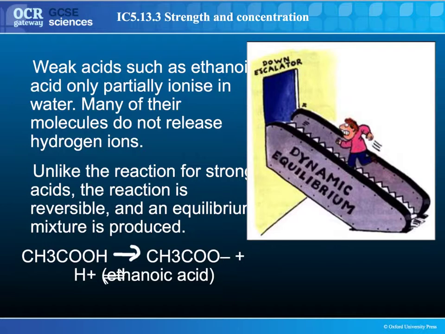And the problem is that it's an equilibrium reaction. It is a reversible reaction. At the moment the position is quite a long way to the left hand side, which means that most of the solute exists in the form of ethanoic acid. So only a small proportion of the hydrogen ions, about 1 in 1,000, are available to react, unlike the strong acid where every single hydrogen ion is available.